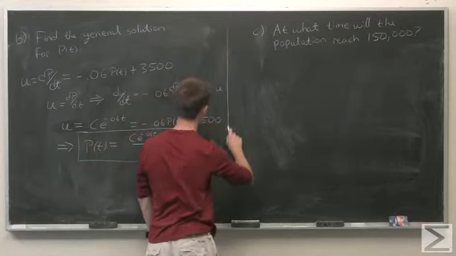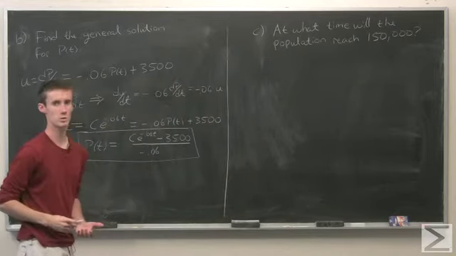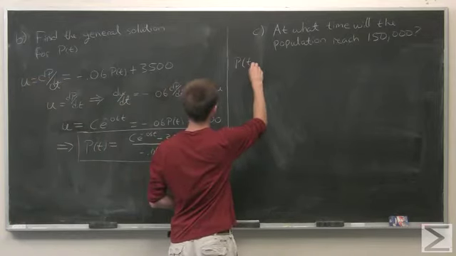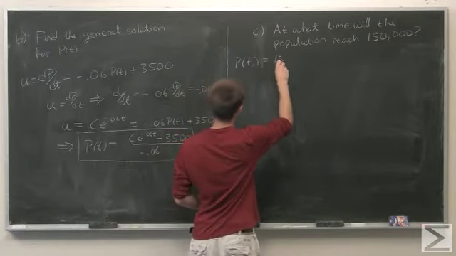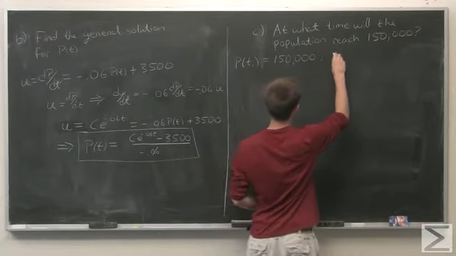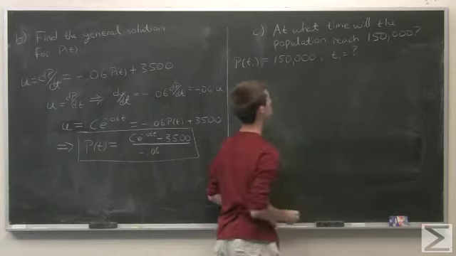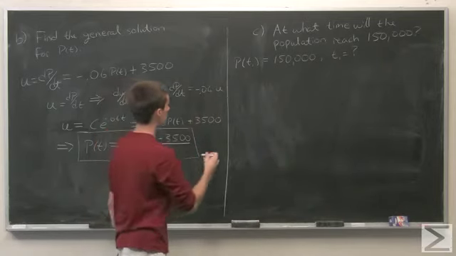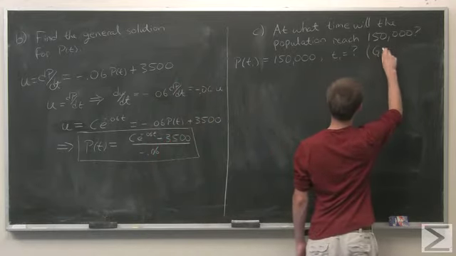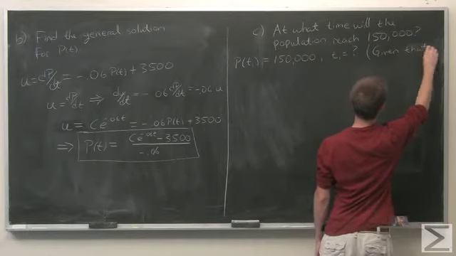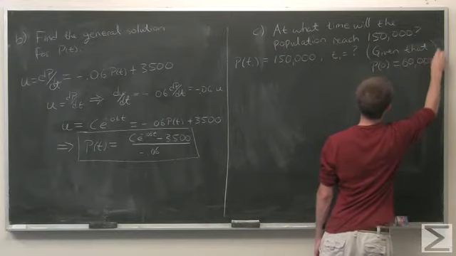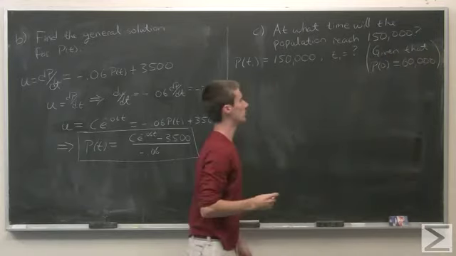Now, part C asks, at what time does the population reach 150,000? So we want to know, let's say P of t1 equals 150,000, what does t1 equal? Well, also given, though I didn't write it down here, is the initial population, so population at time 0, is 60,000 people.